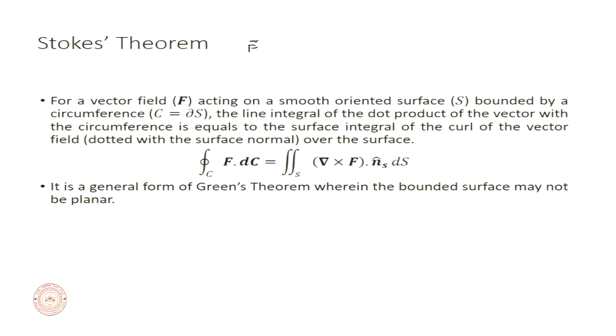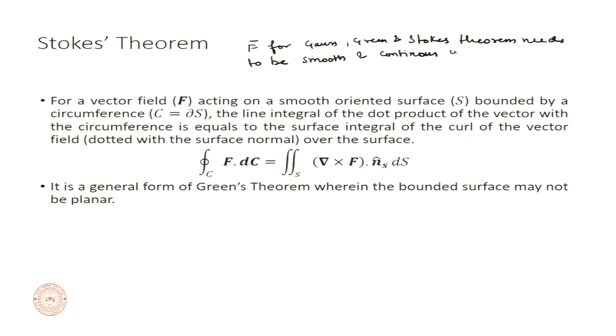The f vector for our Gauss, Green and Stokes theorems needs to be smooth and continuous up to first order partial derivative along x, y, z.